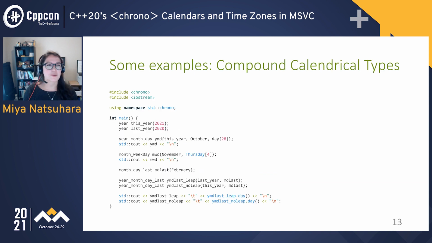Okay, more examples. Now getting into some compound calendrical types. So before we had individual things, now we have some new types that are combining some of the simpler types that we were dealing with already. Lots of stuff on this slide. I'm going to talk through it. Starting off, just making some years, 2021, which is this year, 2020, which was last year. And then underneath that, I'm going to make a year, month, day.